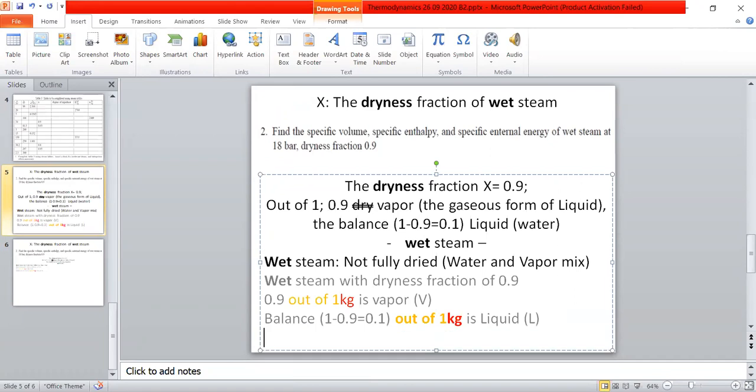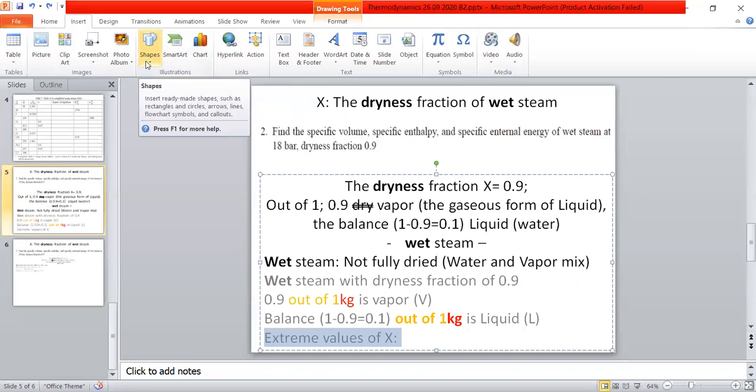What are the extreme values of x? Extreme values means the two end values, the minimum and the maximum. That is what we call extreme values.